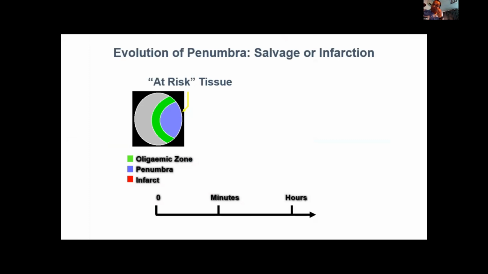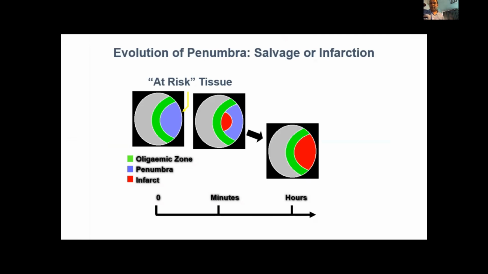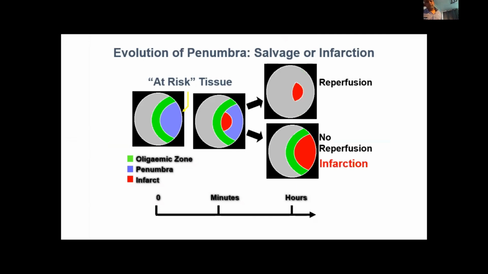Well, within minutes, you have some degree of neuronal death. If you don't open that up, the entire area becomes infarcted. If you open up the artery, you're left with the little core that you ended up with, but you save a lot of tissue.